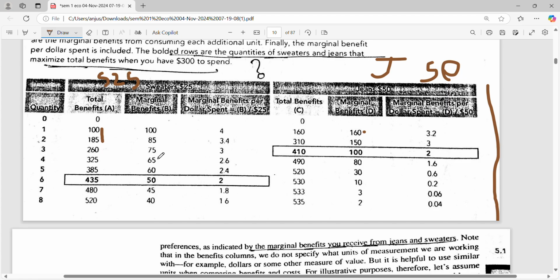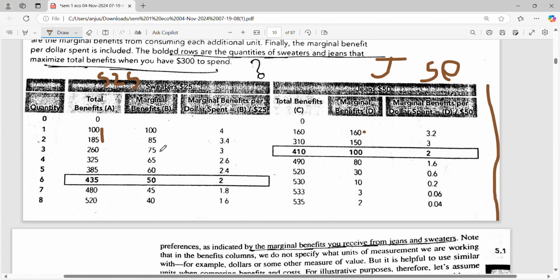And how are marginal benefits per dollar calculated? We just divide the marginal benefit by the price of the good. Here the marginal benefit is 100 and the sweater costs 25, so 100 by 25 gives 4.